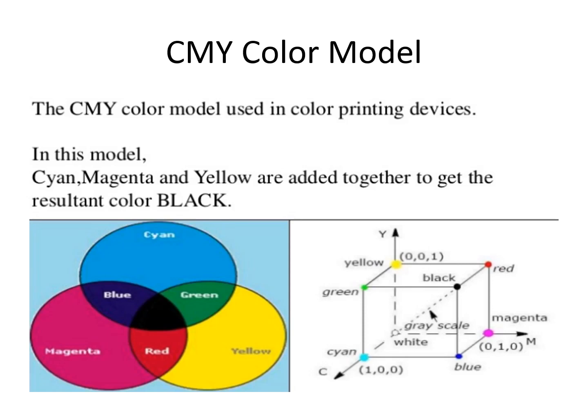Therefore, when white light is reflected from cyan colored ink, the reflected light does not have a red component. That is, red light is absorbed or subtracted by the ink. Magenta ink subtracts the green component from incident light and yellow subtracts the blue component. Therefore, cyan, magenta and yellow are said to be complements of red, green, blue respectively.